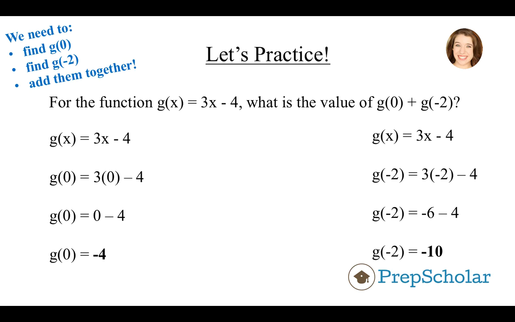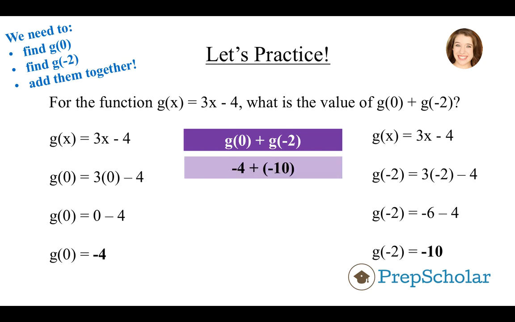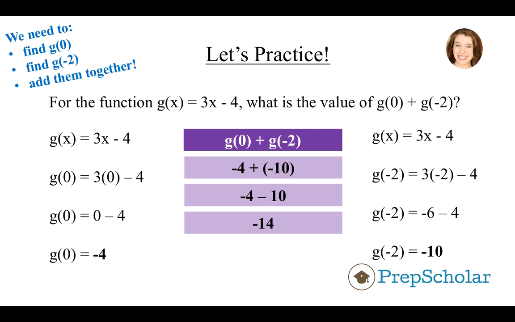So we found g of 0 is negative 4. We found g of negative 2, which is negative 10. Now we're being asked about the value of those two things added together. So we want to plug in what we just found, which means that g of 0 plus g of negative 2 is negative 4 plus negative 10, which of course is just, without the parentheses there, negative 4 minus 10, which ultimately leads us to negative 14.